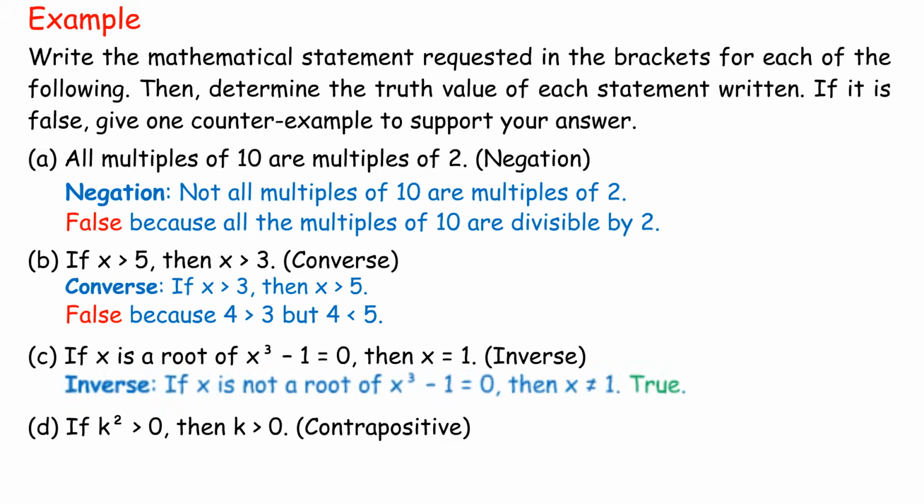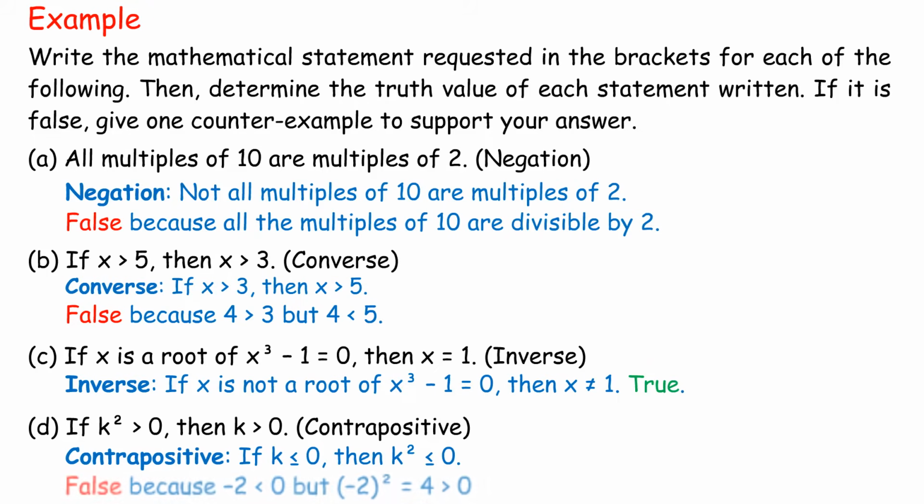C. Inverse: if x is not a root of x cubed minus 1 equals 0, then x does not equal 1. True. D. Contrapositive: if k less than or equal to 0, then k squared less than or equal to 0. False, because -2 less than 0, but -2 squared equals 4 greater than 0.